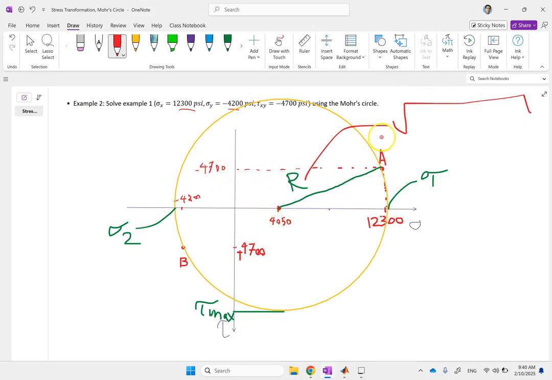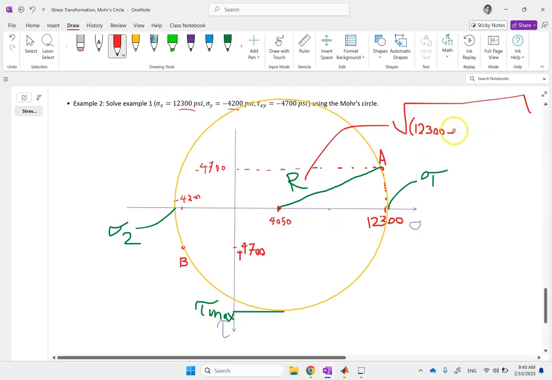This point is 4,050. So all you need to do is to subtract that 12,300, correct, minus this point 4,050, and square it, and then add it to the y component, which is 4,700, and square it.